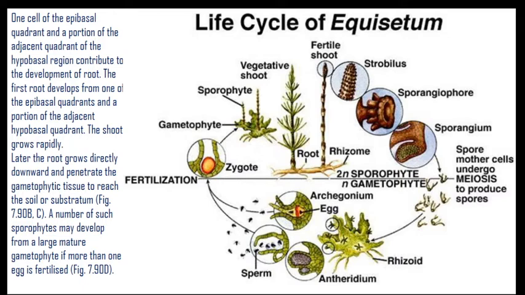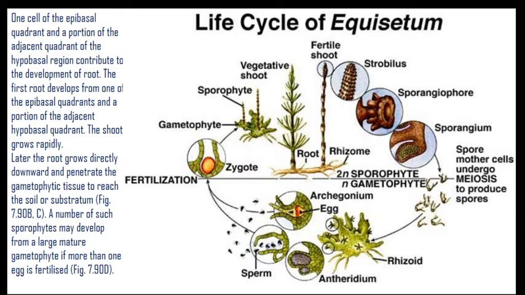Quadrant means four divisions. The shoot grows rapidly, and later on the root grows directly downward and penetrates the gametophytic tissue to reach the soil or substratum.